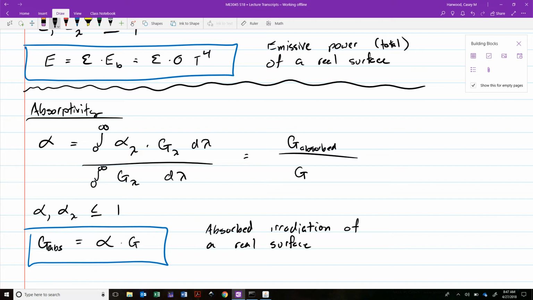Remember when I was starting out talking about radiation, I said there were two others. There's reflectivity and transmissivity.